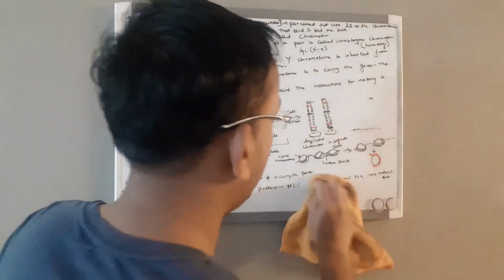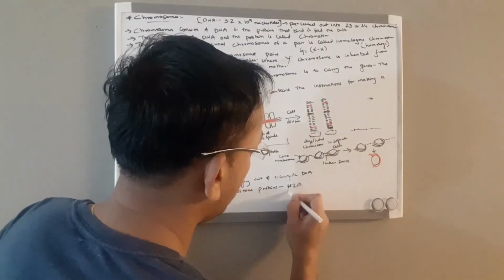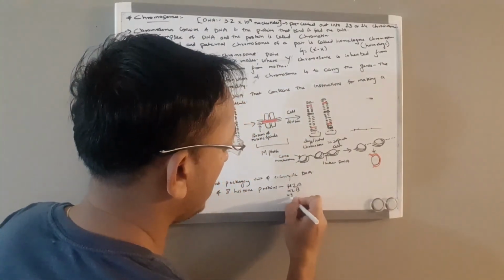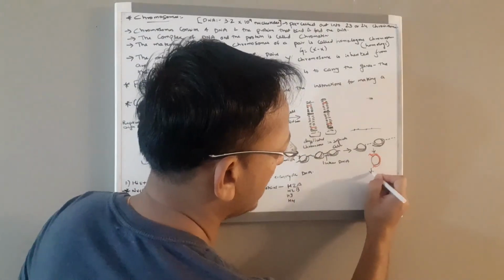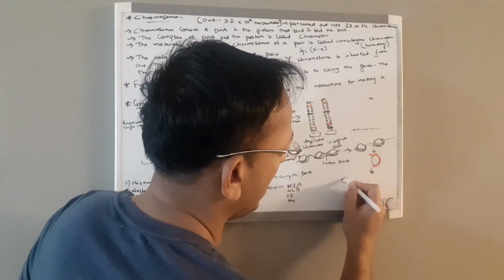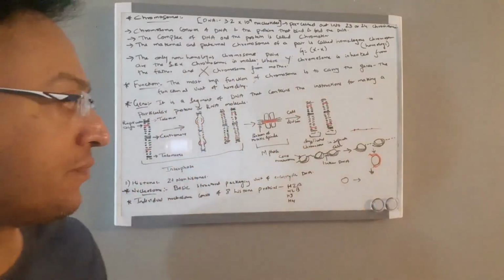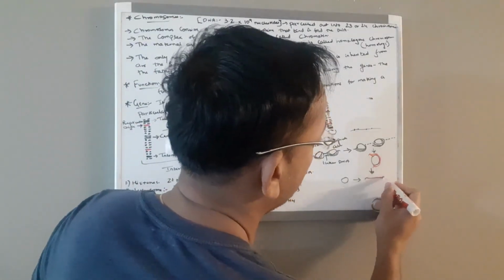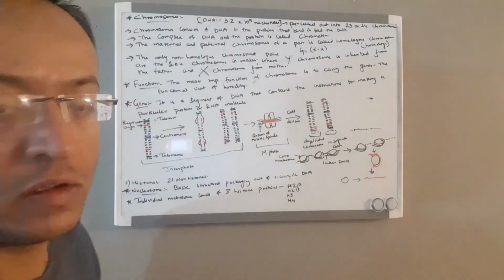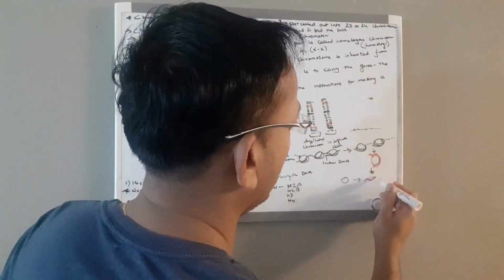All right, let me remove this and write it here. So H2A, H2B, H3 and H4. So we have our core nucleosome and just DNA, or maybe not a simple thread, but maybe like this.